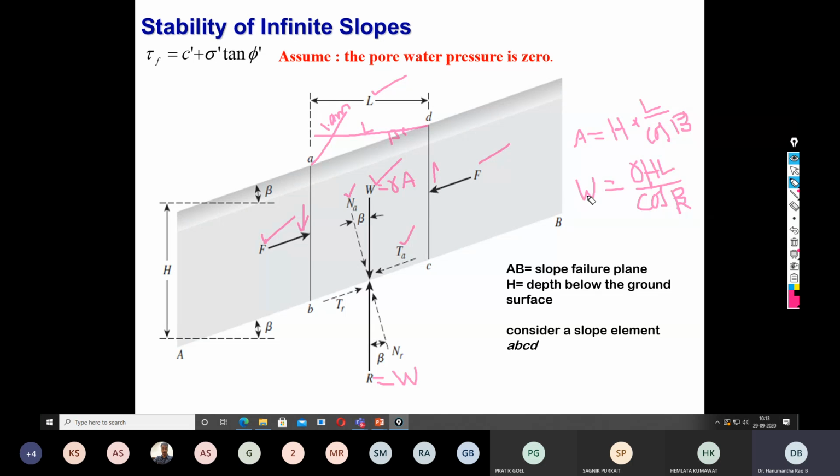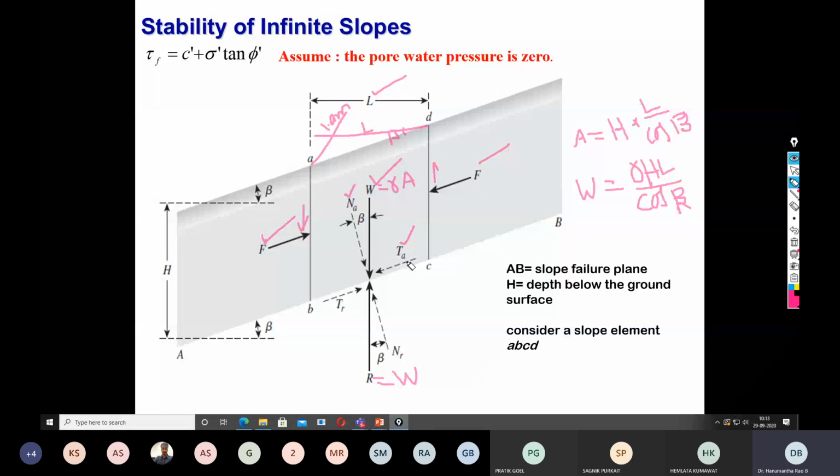Now if I know the W, can I determine the NA and TA? Can I resolve W into NA component and TA component? Yes, sir. So NA is nothing but W cos beta.